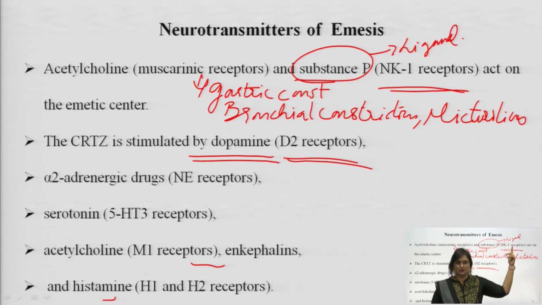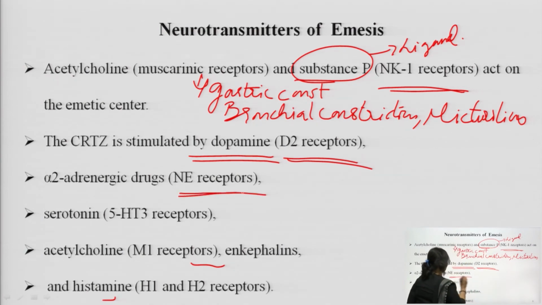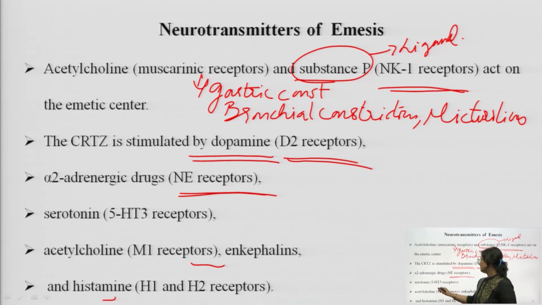Apart from acetylcholine, substance P and dopamine, there are other neurotransmitters that act on the emetic center. What are they? Alpha-2 adrenergic drugs act on the NE receptors. Serotonin is another neurotransmitter that acts on 5-HT3 receptors.